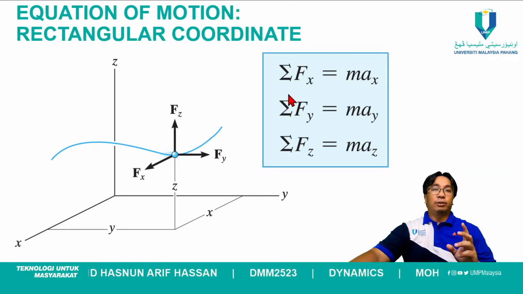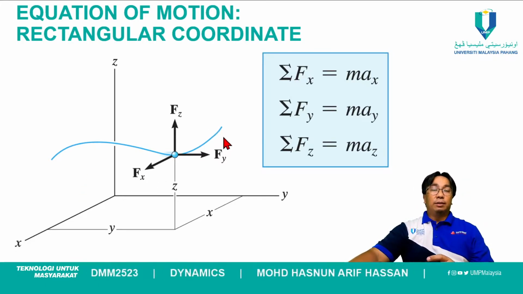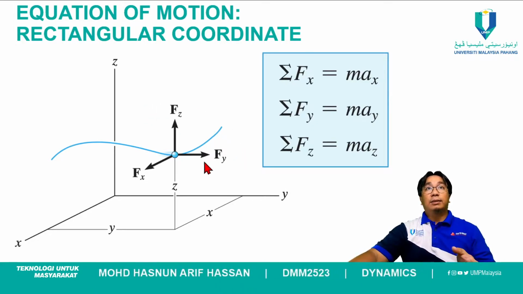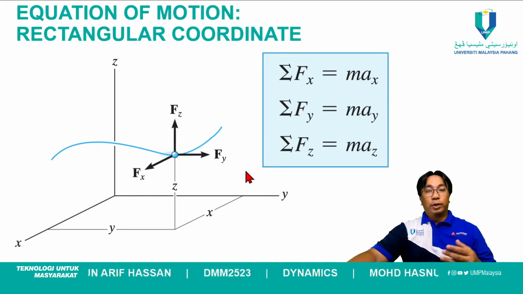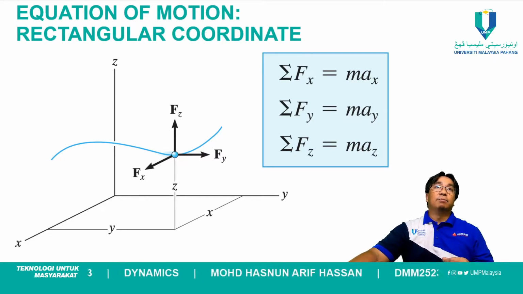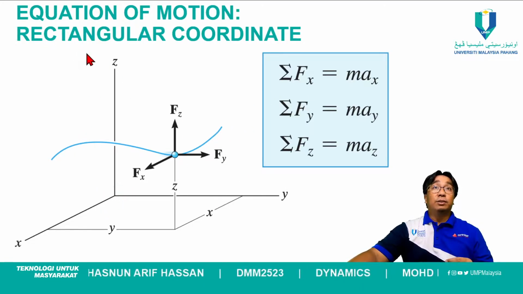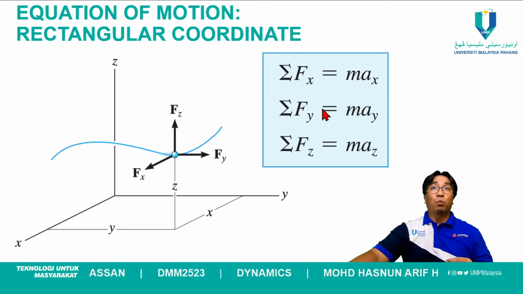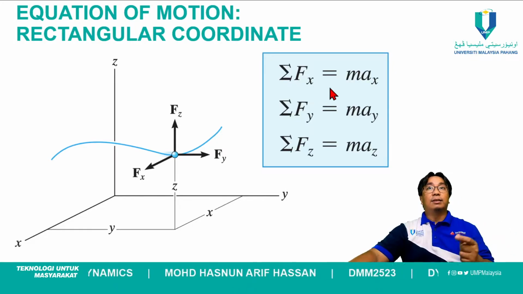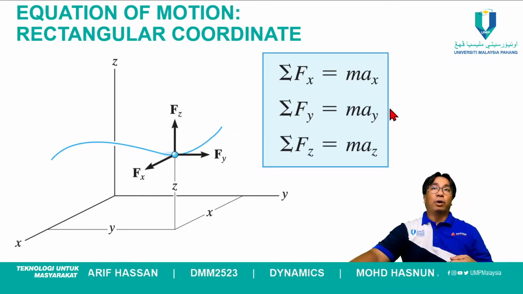Previously we have the equation of motion, F equals ma. When we are going to solve a problem related to this topic, we are going to write the equation of motion based on the coordinate system, based on the axes. Let's say we now use rectangular coordinates x and y. So we write force in the x-axis equals max, and force in the y-axis equals may.